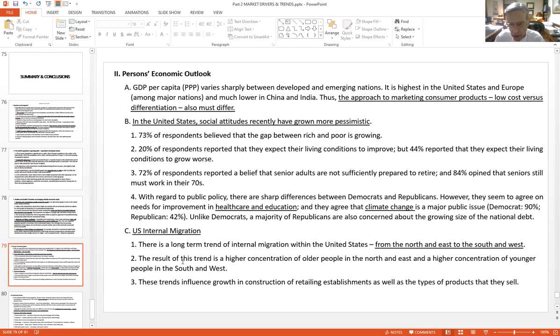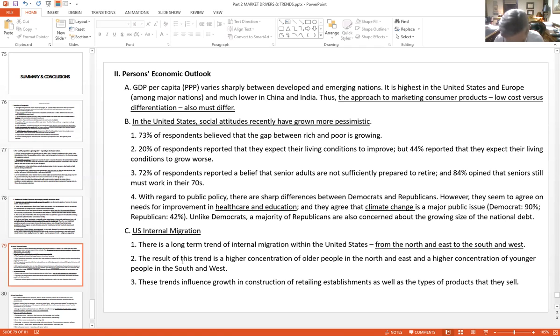In the United States, social attitudes recently have grown more pessimistic, as we saw. Some 73% said that the gap between rich and poor is growing. 44% reported they expect their living conditions to grow worse. 72% reported a belief that senior citizens will not be sufficiently prepared to retire.